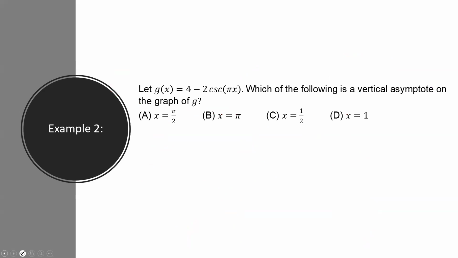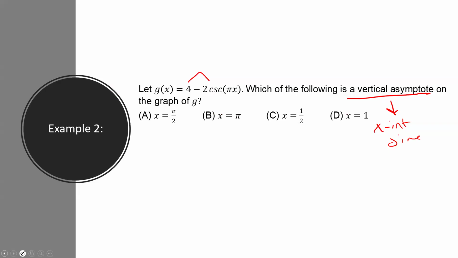This time we're going to use sine. Okay, so we have here 4 minus 2 cosecant pi x. Which of the following is a vertical asymptote? Okay, these two are cool and important if it was talking about anything vertical, right? But we're not worried about vertical. We're only worried about what's happening on the horizontal. That's because when I'm looking for the vertical asymptotes, I'm looking for the x-intercepts of the sine.